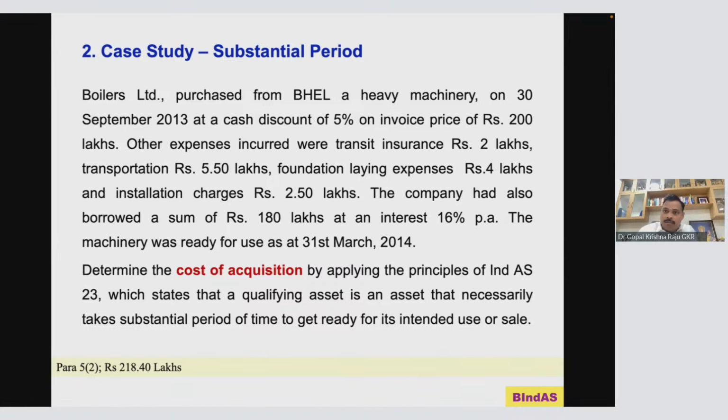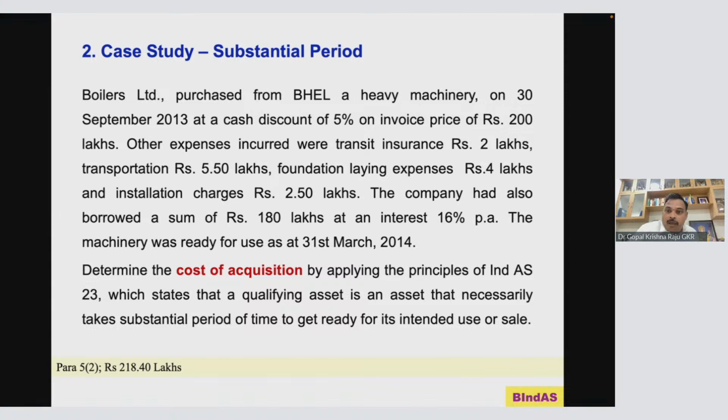So you have 190 plus 2 plus 5.5 plus 4, which is 201.5, plus 2.5 lakhs. So it is 204 lakhs. Okay, it is 204 lakhs.